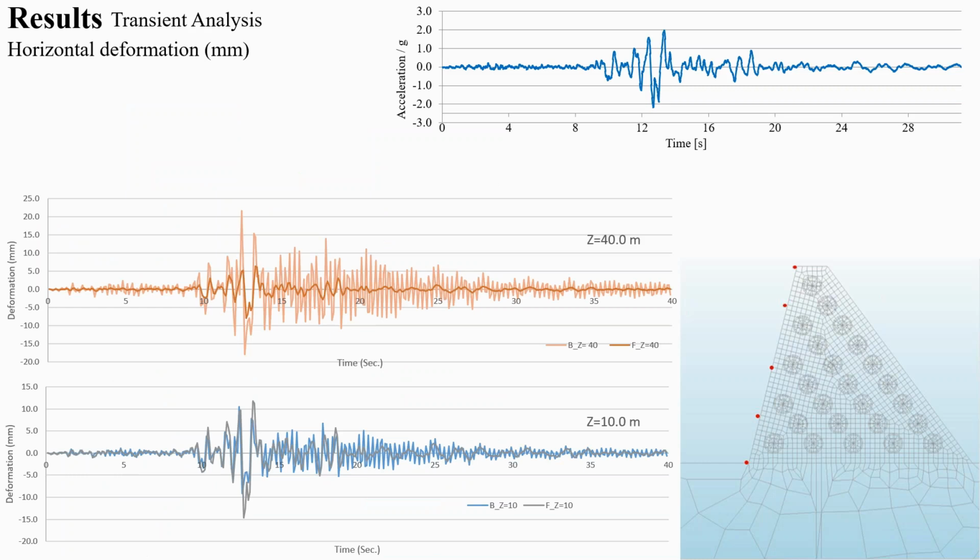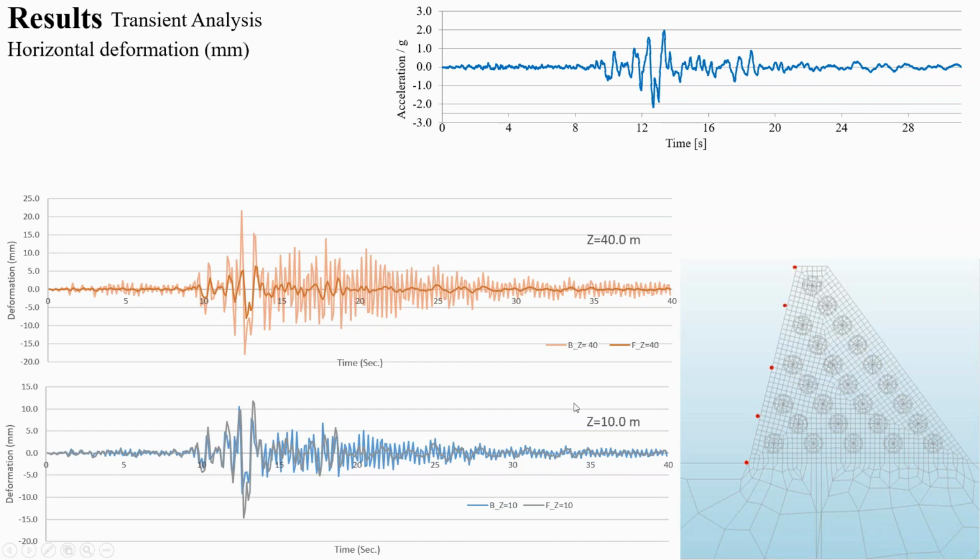In time history analysis, or transient analysis, we studied the behavior of the two dams under time history load, and we can see that the response is different. We studied points on the dam height: 0, 10, 20, 30, 40, the crest.